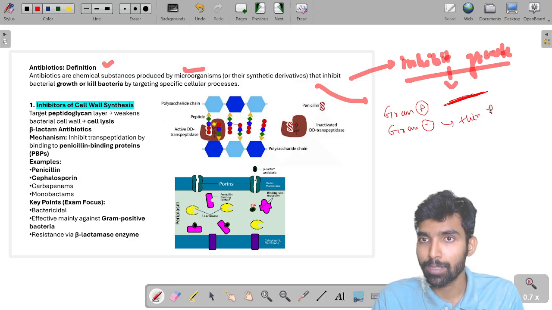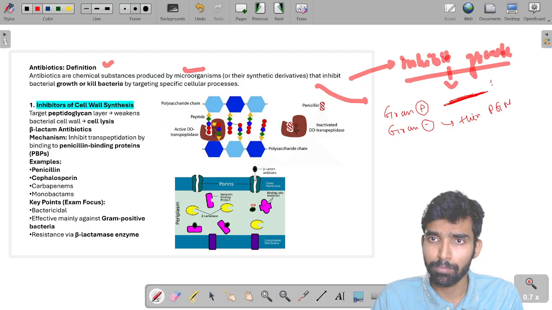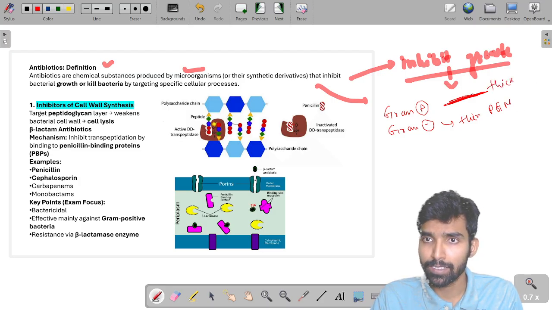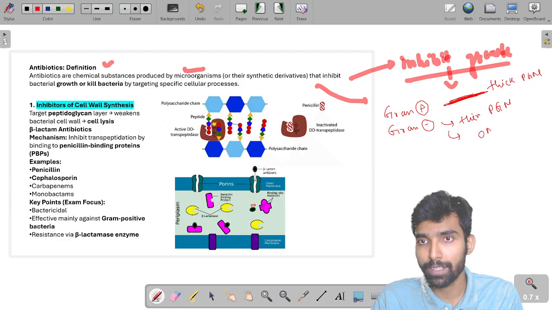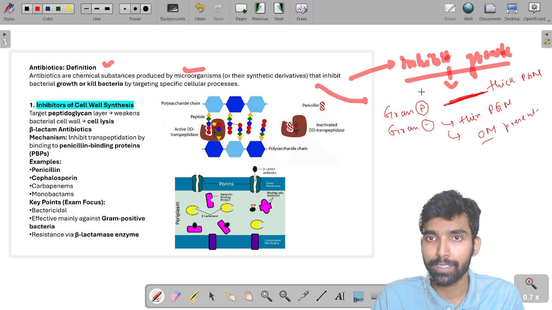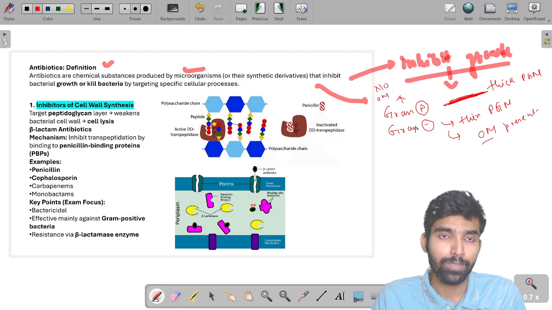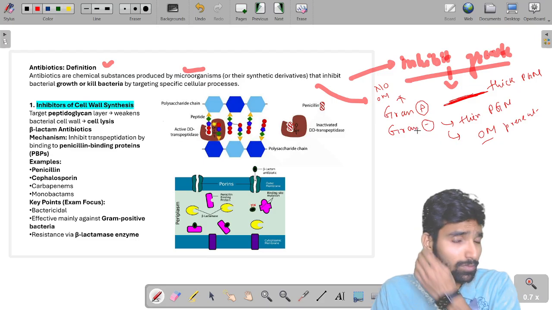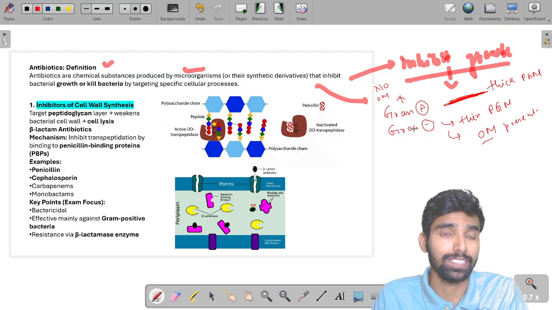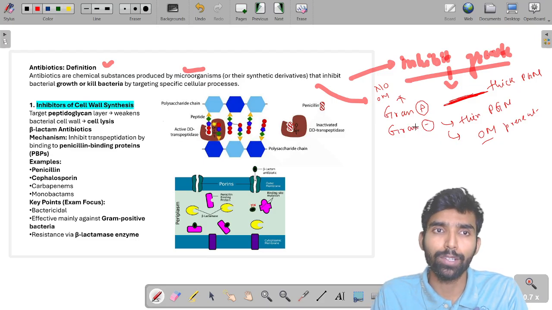Another difference you need to remember is that in gram negative bacteria an outer membrane is present, but in gram positive bacteria there is no outer membrane. Okay, so we will first discuss penicillin, which is quite well known.